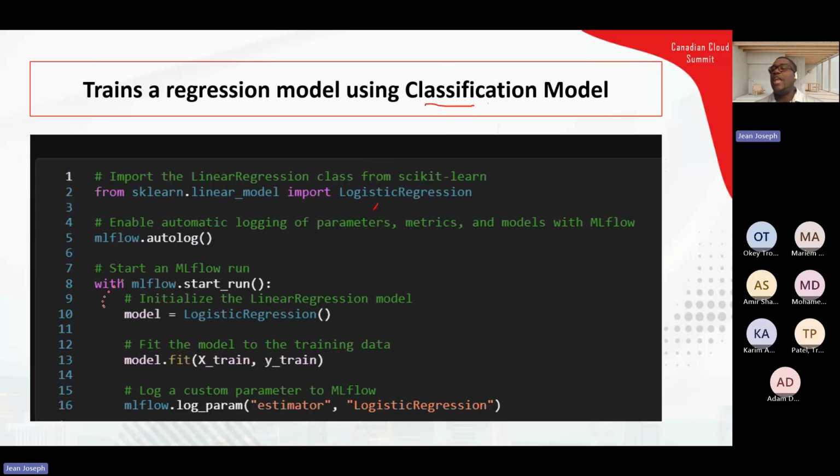This is the same line of code, and I don't want to repeat myself, but instead of creating an instance of linear regression, the focus is classification. So this is the instance. Instead, I'm using logistic, and it is the same code.